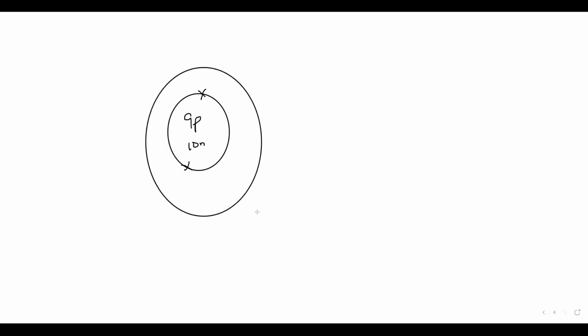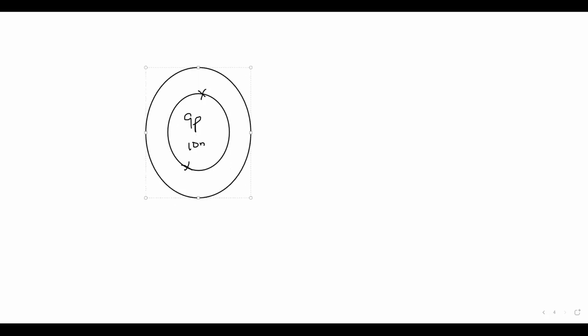The first shell has 2 electrons, the second shell has 7 electrons. Because it has an equal number of protons and electrons, 9 protons and 9 electrons, this is basically a fluorine atom.